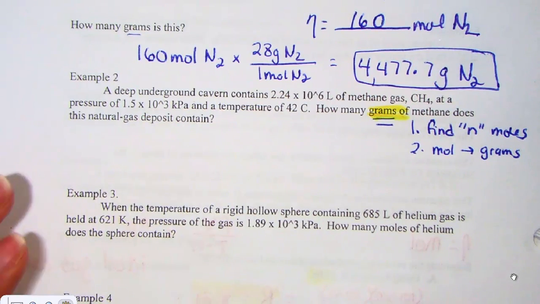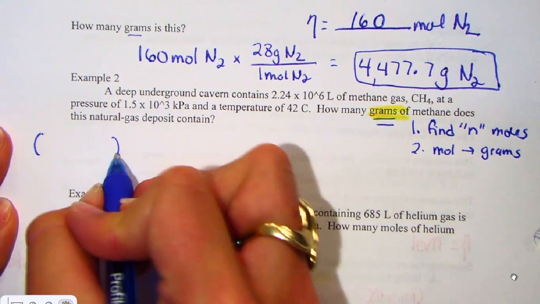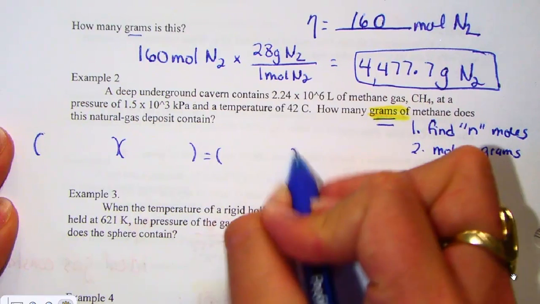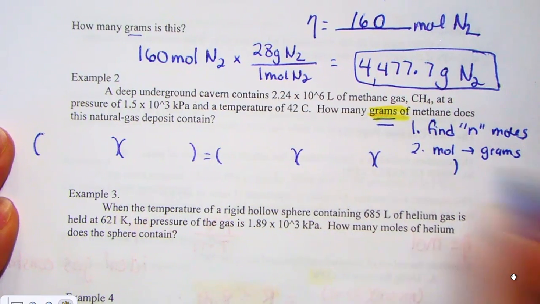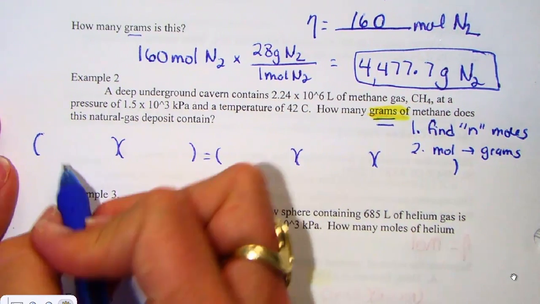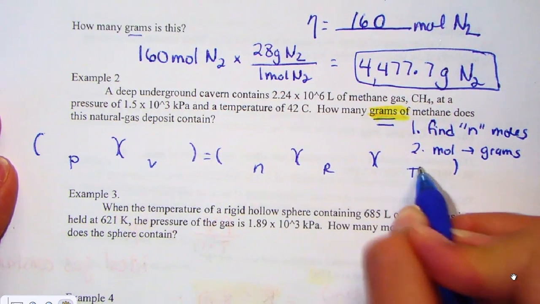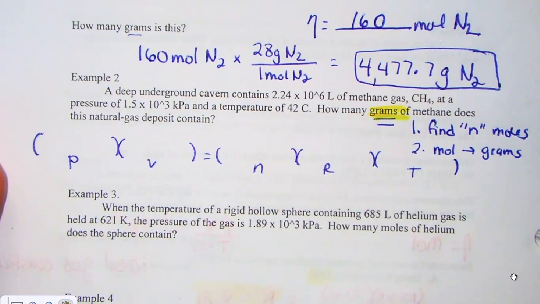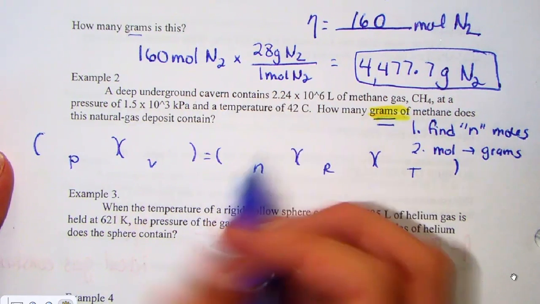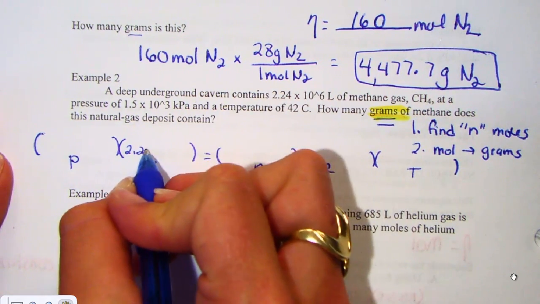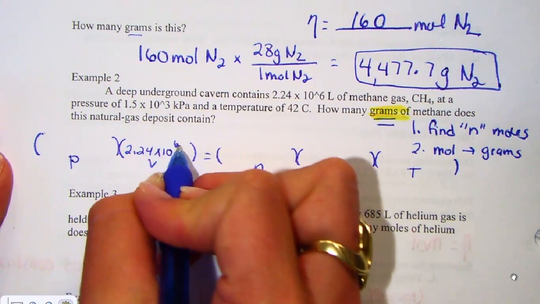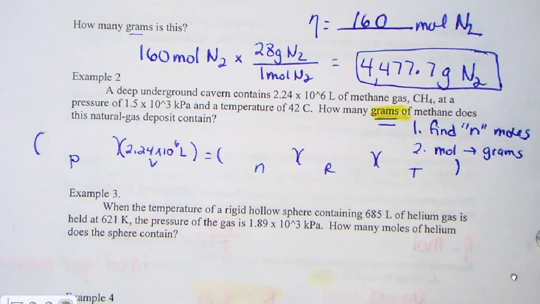So N in the PV = nRT problem, I like to get my parentheses ready. It's just something I've always done. PV = nRT. And that way I can just plunk numbers in as we trip over them in the story problem. The volume of our cavern, quite large, 2.24 times 10 to the 6th liter units, already in liters, so I don't have to adjust that volume.